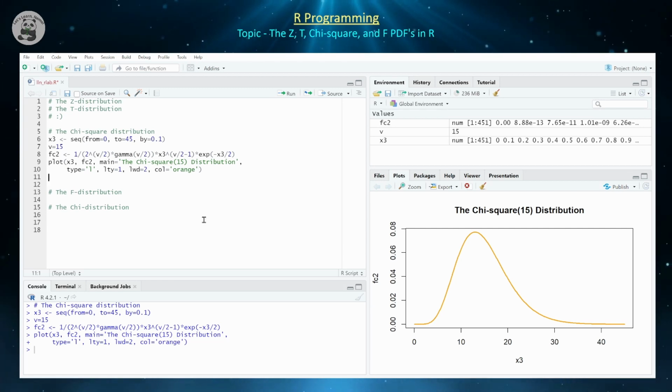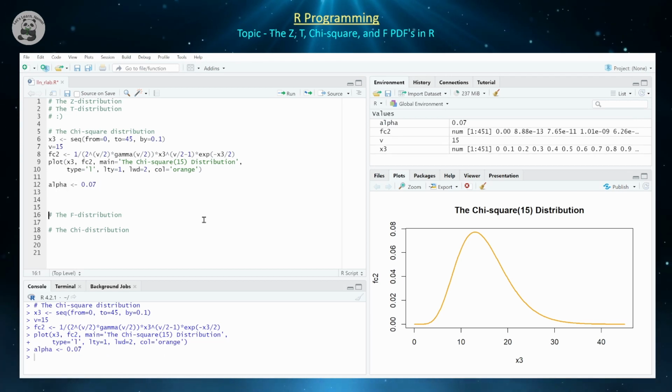So, just like for the z and t, we're going to be working with some alpha values. So let's choose the 7% alpha value that we chose for the other ones, just to have some uniformity here. We're going to have, for example, a lower tail critical value, an upper tail critical value, and the lower and upper values for a two-tailed hypothesis test. We're going to follow the same exact conventions, just like we did for z and t.